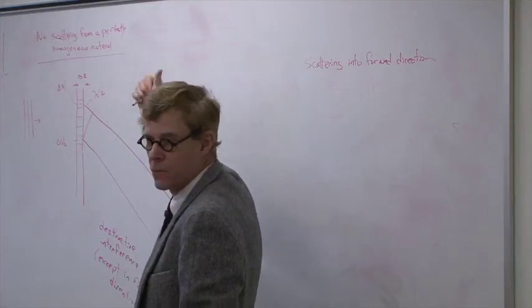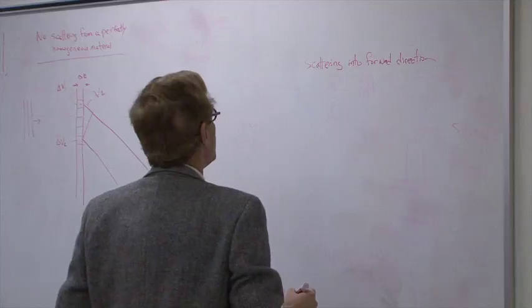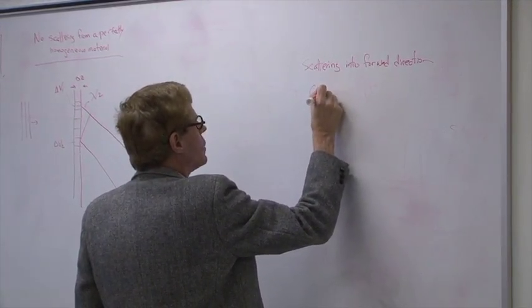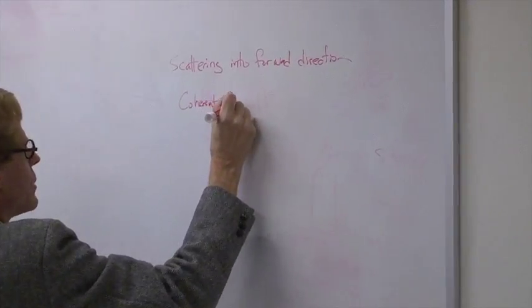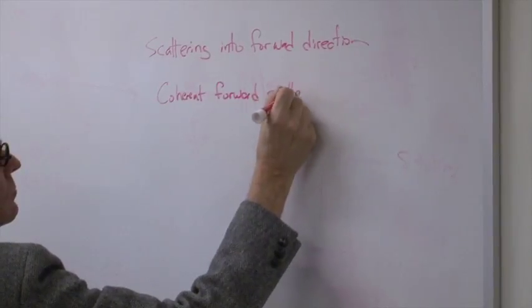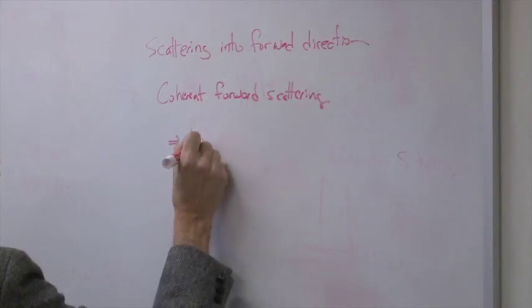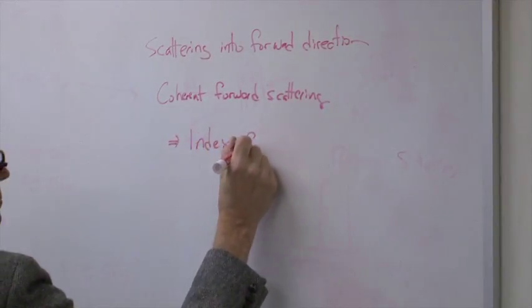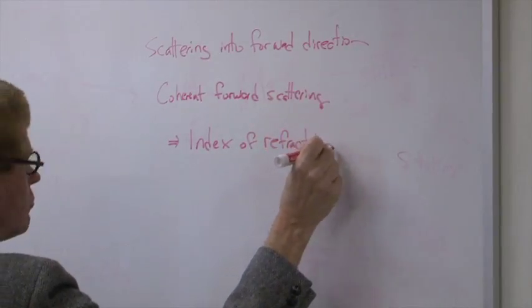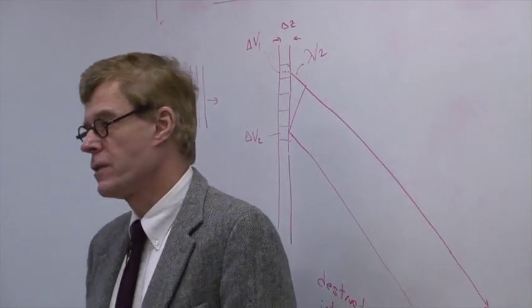They'll be oscillating in such a way that in the forward direction, the scattered light adds up coherently. So this is called coherent forward scattering. And this produces the index of refraction. So this is another way of understanding the origin of the refractive index.